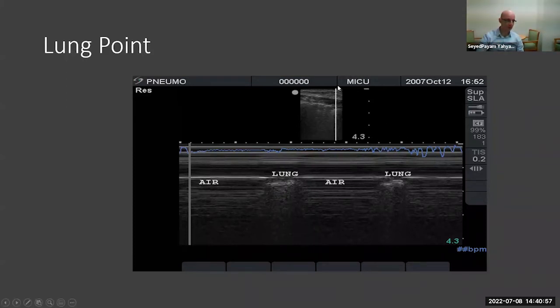When we put the M mode line right where the pneumothorax is finishing, we can see the aerated lung coming in and out of the view. So this is where the lung is coming into the view, and this is where the lung is going out of the view. If we can see that, we can actually size the pneumothorax and see how big it is. Usually you can see it only in a small pneumothorax.